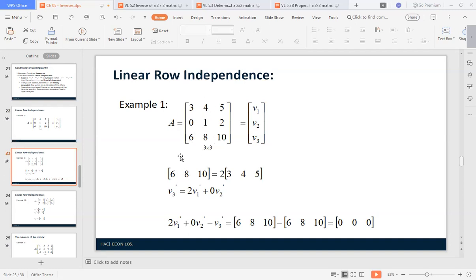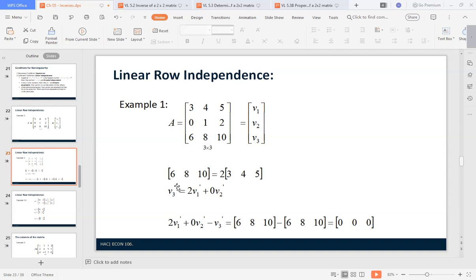Row 3 has elements 6, 8, and 10. You also have row 1, which is 3, 4, 5. By looking for that scalar by trial and error, we know that this row is a multiple of the first row by a scalar 2.